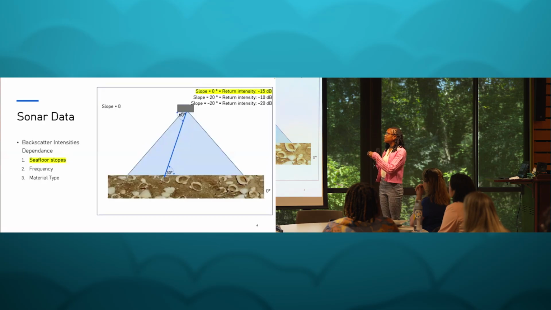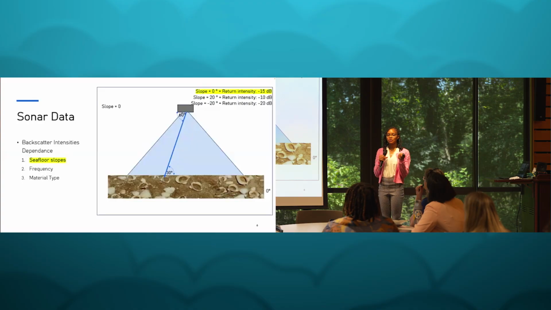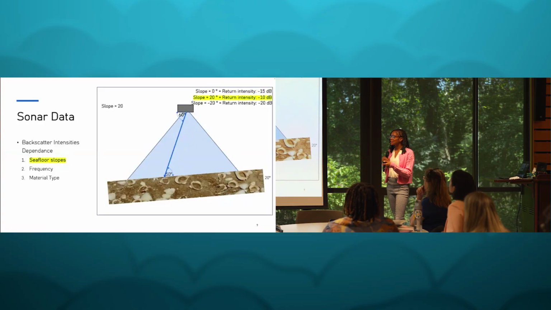And this is actually an image of the multi-beam. The multi-beam has more than one beam that goes through, but for demonstration purposes, I'm only showing this one line. Here's the slope at 20. It shows a return intensity of -10, which is a little bit more than the previous at slope 0.